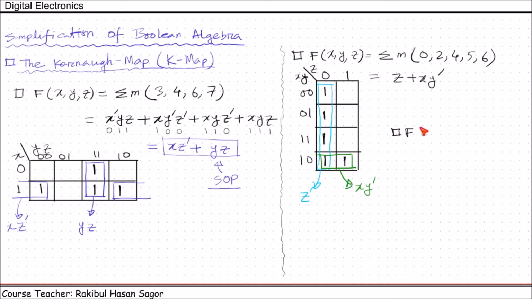Let us solve another problem. Suppose we have a function f of a, b, c, 3 variables, equal to summation of minterms 1, 2, 3, 5, 7. Now let's take a on one side, b, c on another side.